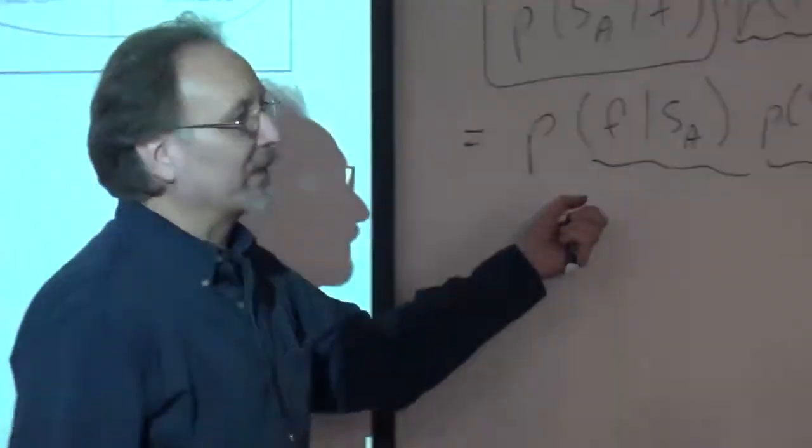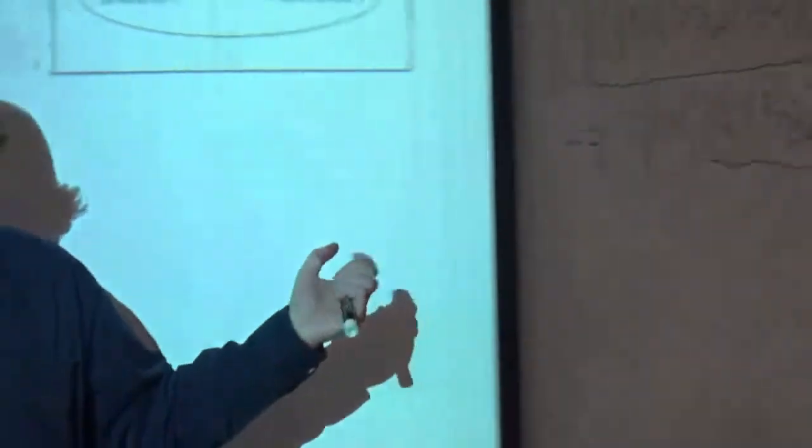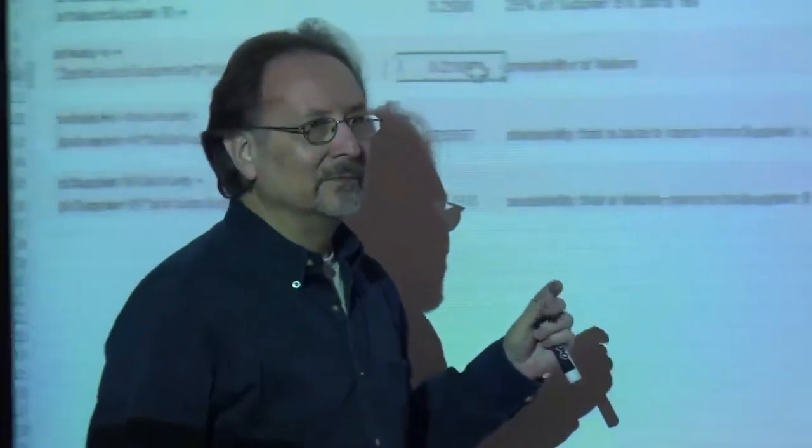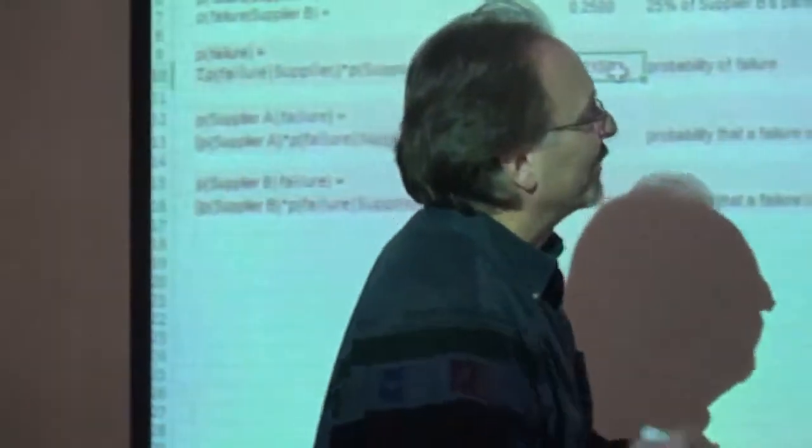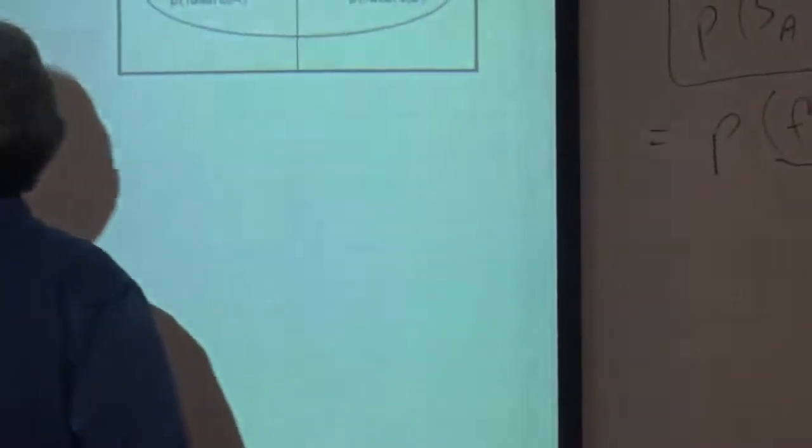Would it be helpful if I put in the actual probabilities here, the numbers? Or does everybody see where the numbers came from? Sure. So if I take this one, this is the first question here.